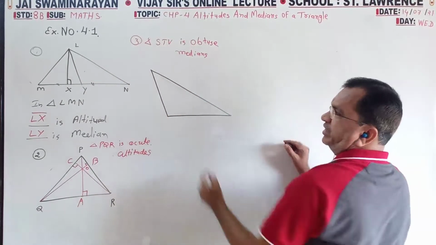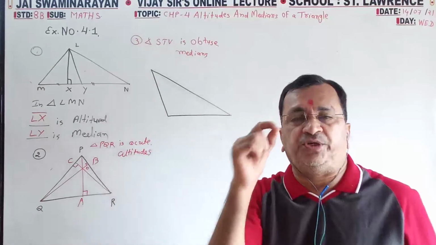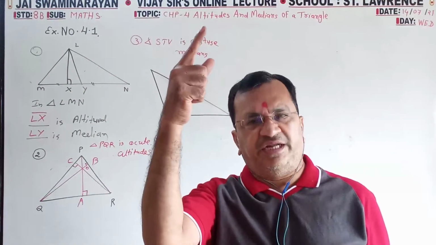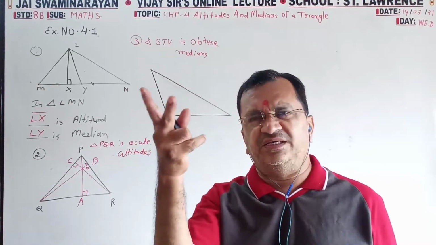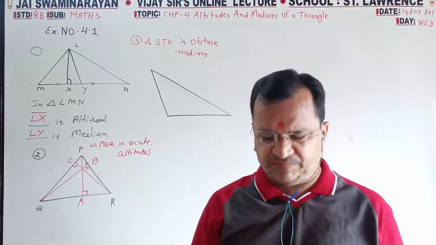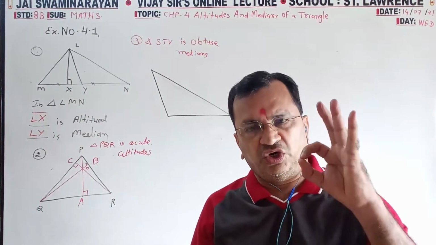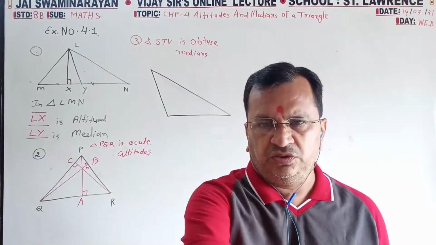So this is more than 90. What is the meaning of obtuse? Any one angle of the 3 should be more than 90. Whose mic is on? Disturbing. One angle should be more than 90. That is an obtuse triangle.